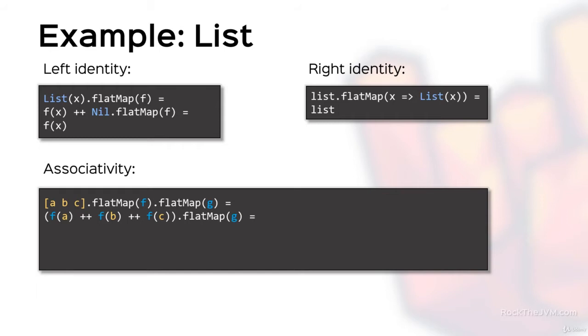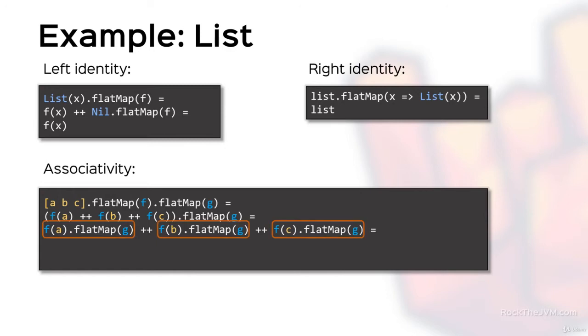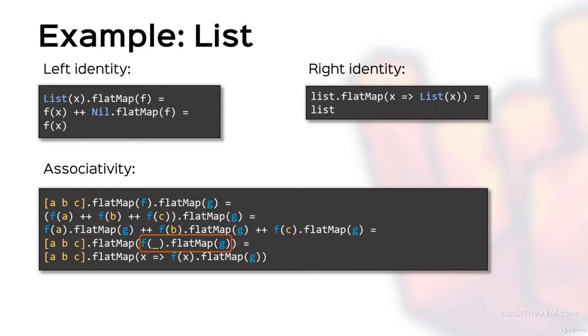But if we decompose that, we'll get to fa flat map g concatenated with fb flat map g concatenated with fc flat map g. But these three things are similar, so that will be the same thing as abc flat map this guy, which is the same as in long form abc flat map x arrow fx flat map g, which is the exact expression that the associativity law asks for.